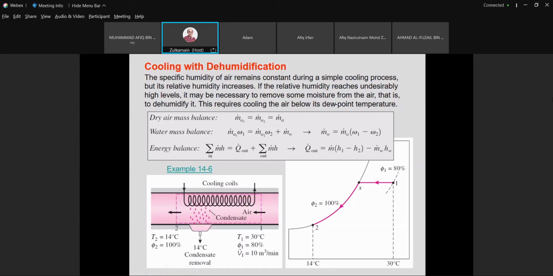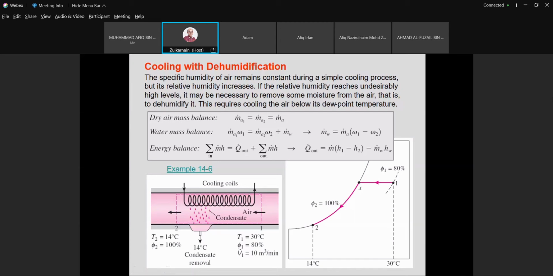That is the first phase of the process if we have condensate. This can be sketched from 1 to X. So this is 1 at 30 degrees C, 80%. Then we cool it down as sensible heat is involved, up to the saturation point.